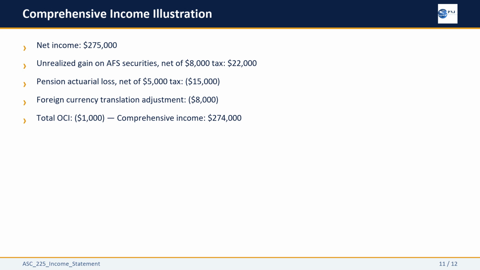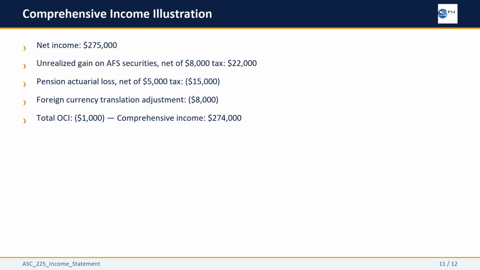Walk through this concrete example. An entity reports net income of $275,000. In the same period, 3 OCI events occurred. An unrealized gain of $22,000 on AFS securities net of $8,000 tax, a pension actuarial loss of $15,000 net of $5,000 tax, and a foreign currency translation adjustment of negative $8,000.